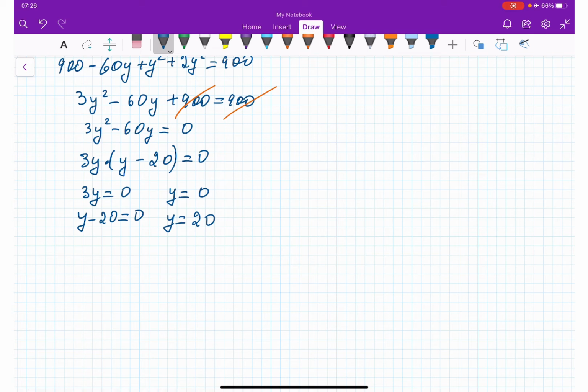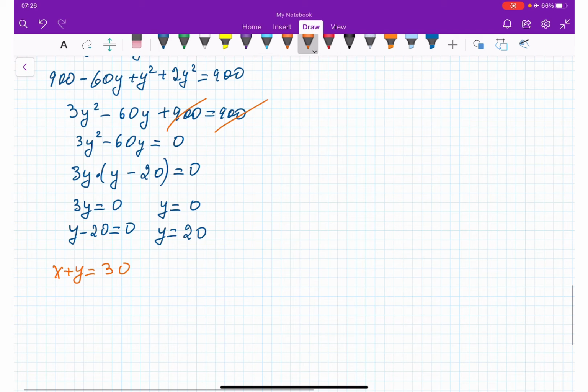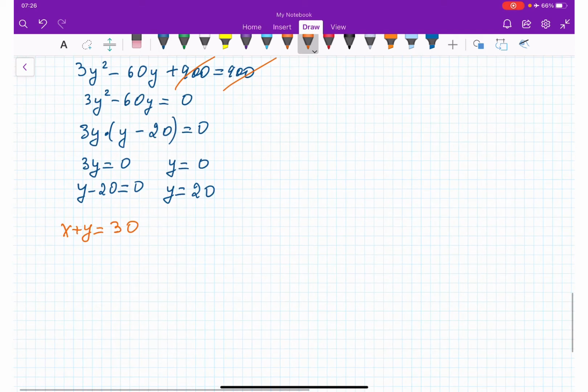So let me change the color. x plus y equals 30. Okay. So first case, y equals 0. x equals 30, right? In the first set of answers, we got 30 and 0.